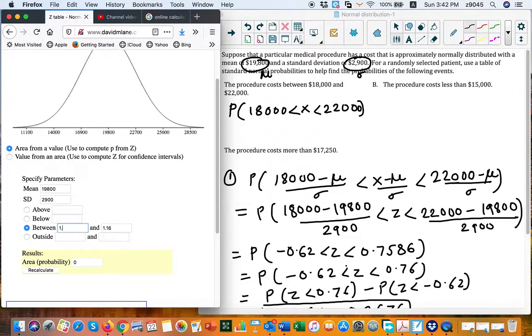Let's put the values: 18,000, and this value is 22,000, and we calculate.